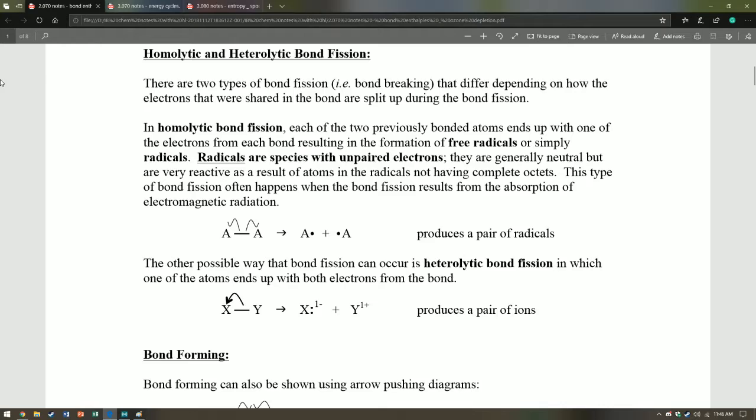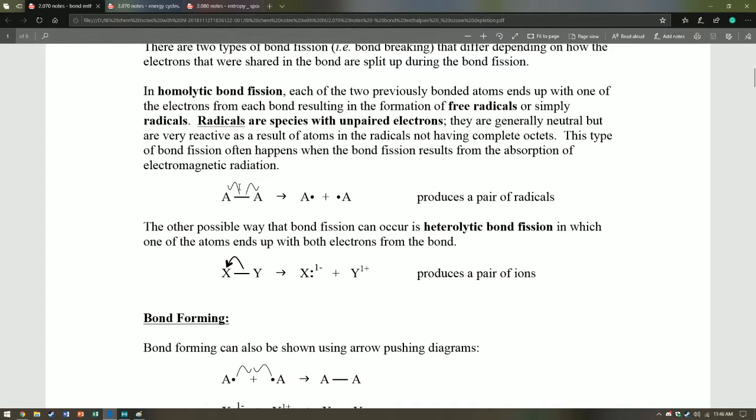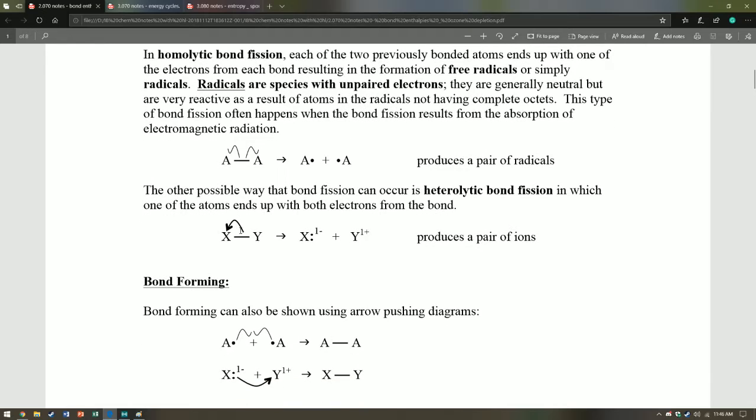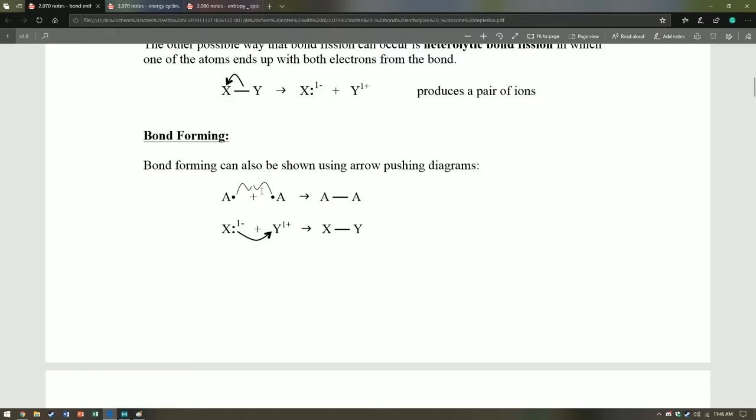So pictorially we can represent this here with a single arrowhead going to each atom, whereas here we have a full arrowhead going to X and Y. We can also use these arrow pushing diagrams to show bond forming.